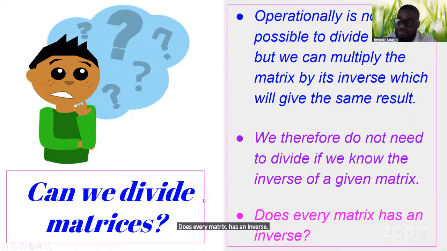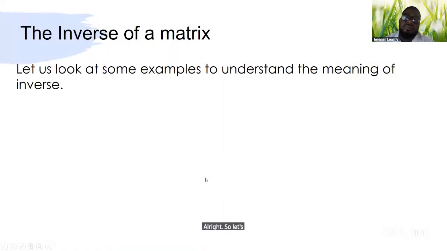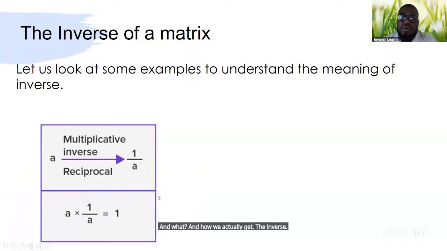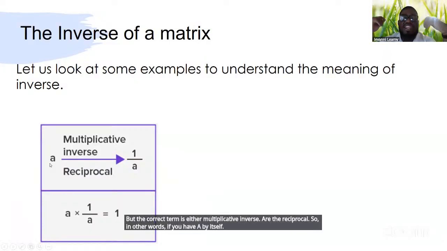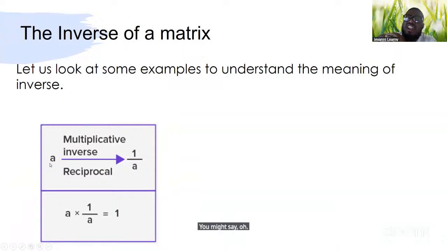So let's take a little deeper look at how we actually get the inverse. The terms that we generally use, we use them loosely, but the correct term is either multiplicative inverse or the reciprocal. So in other words, if you have A by itself, you might say, what is the reciprocal of A?